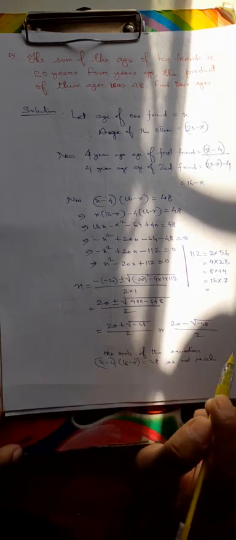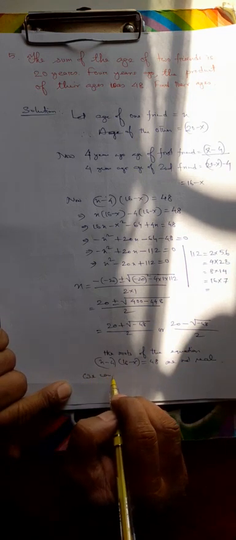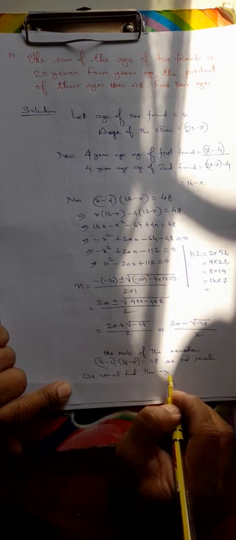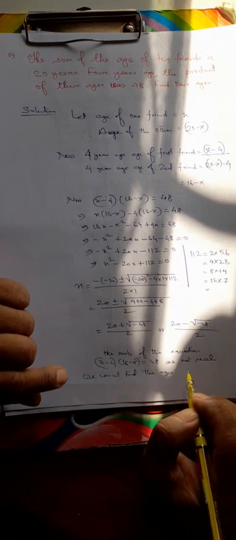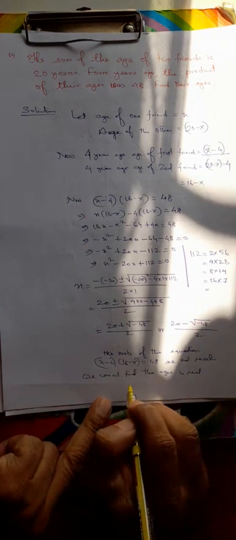Because these are not real numbers, so we cannot find the ages of the friends in real number. We cannot find the ages in real numbers.